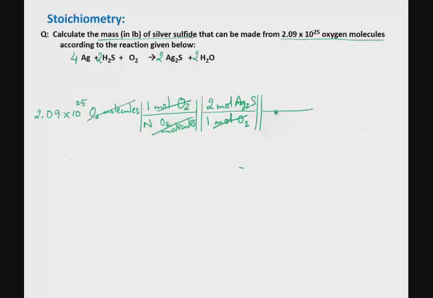Moles of silver sulfide can be converted into grams of silver sulfide using the molar mass of silver sulfide, which calculates out to be 247.80. And then grams of silver sulfide can be converted into pounds of silver sulfide, knowing that 453.6 grams make up a pound.